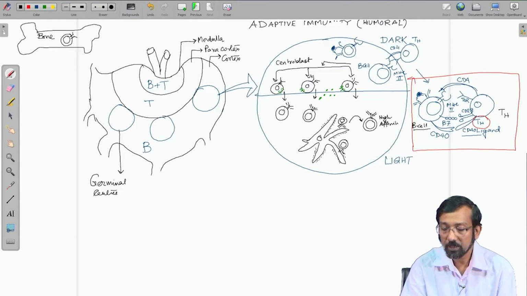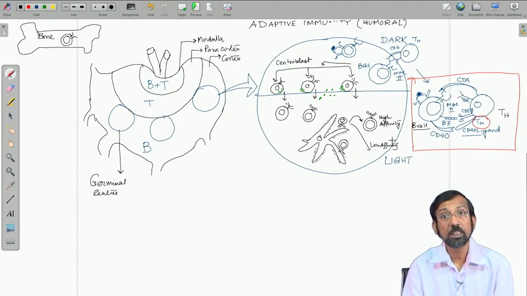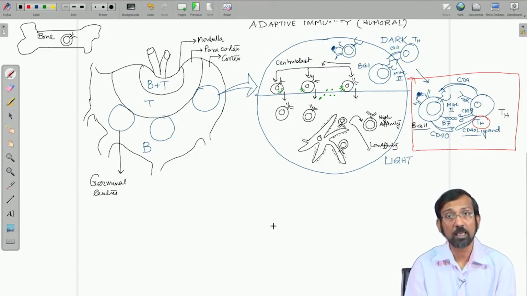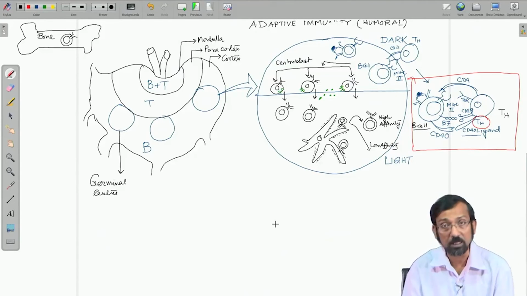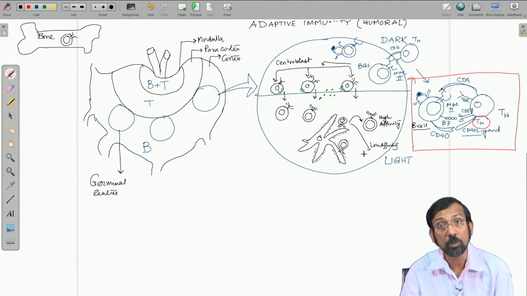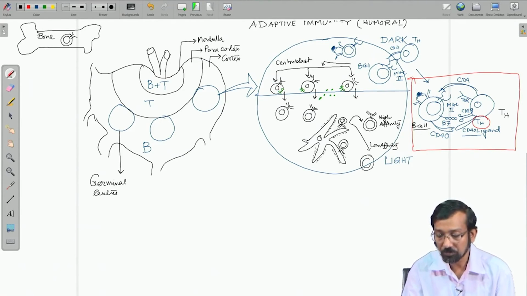So, these are the high affinity selection, and those with low affinity, that means those which could not compete with the high affinity cells to bind to the antigens, will be excluded, and they will finally die by apoptosis.